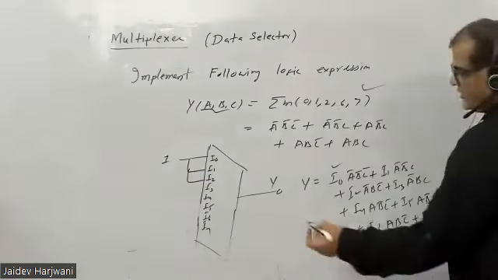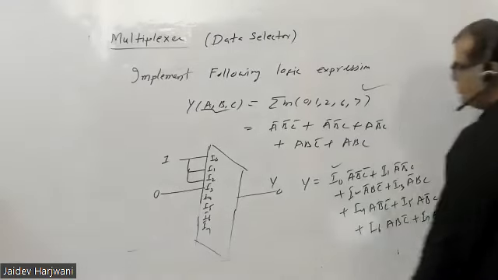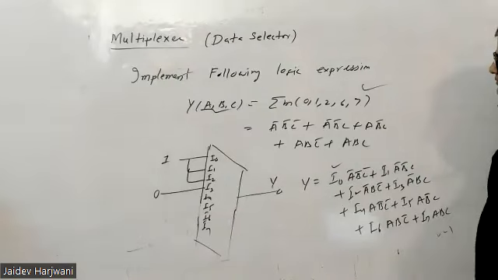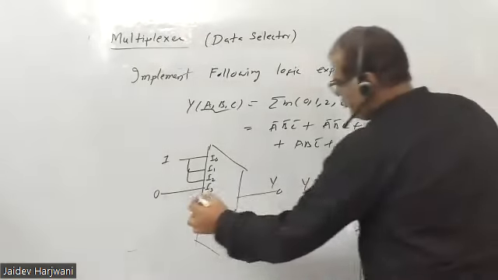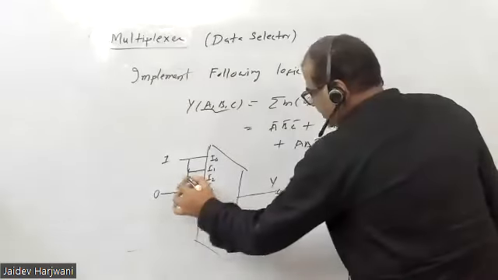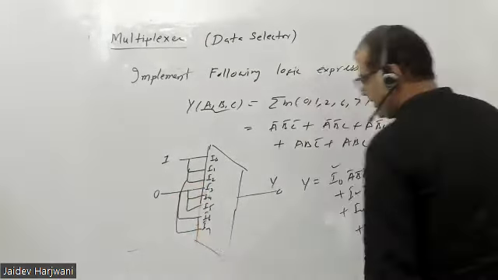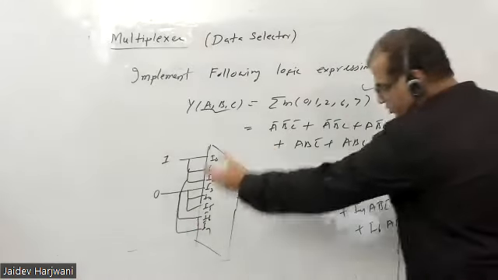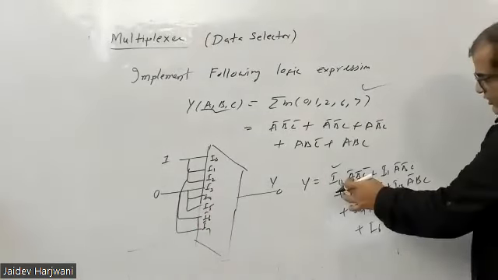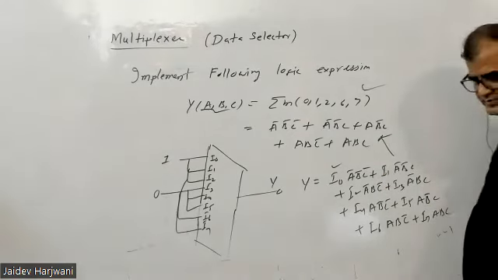Then 3 is not present, so for 3 you have to give 0, ground, logic 0. 4 is also not there, 5 also not there. Then 6 is there, so 6 will go to 1, and 7 is also there, 7 will go to 1. So if you implement this function and give the values to I0, I1, and so on, directly you will get this expression.